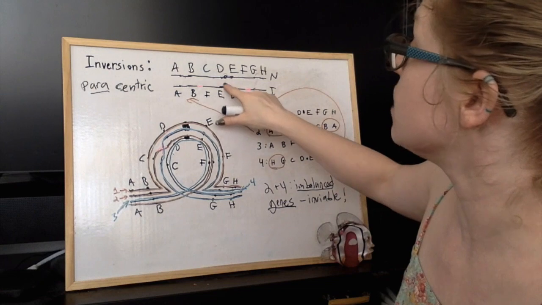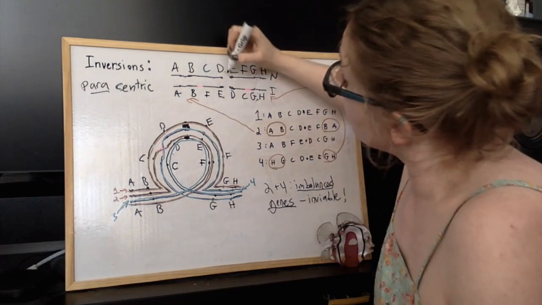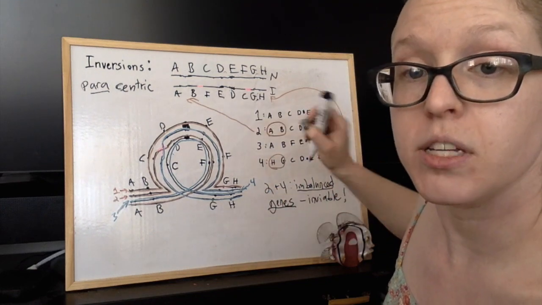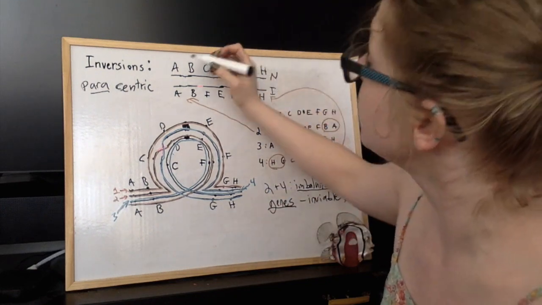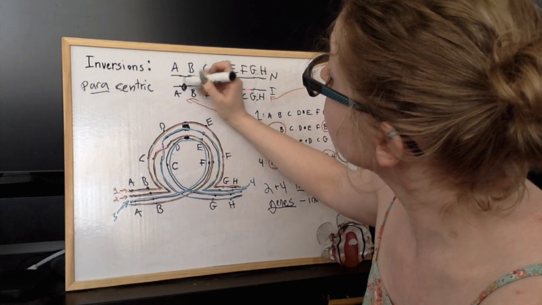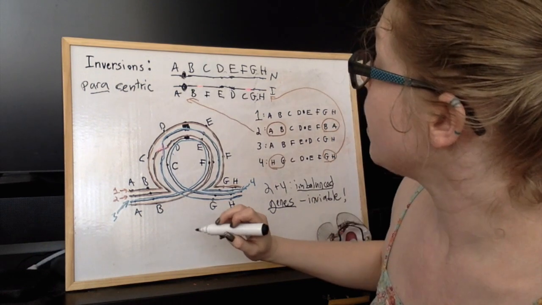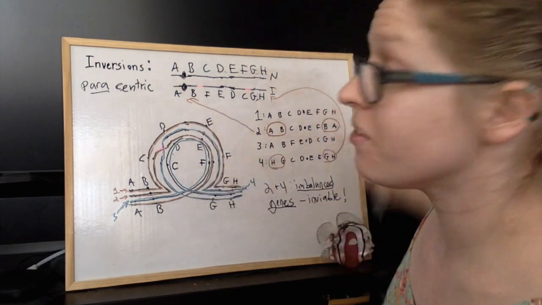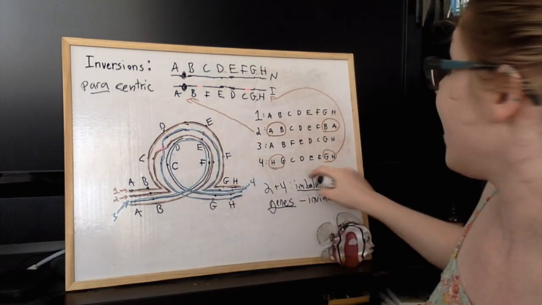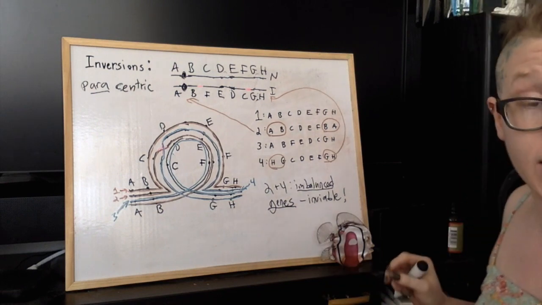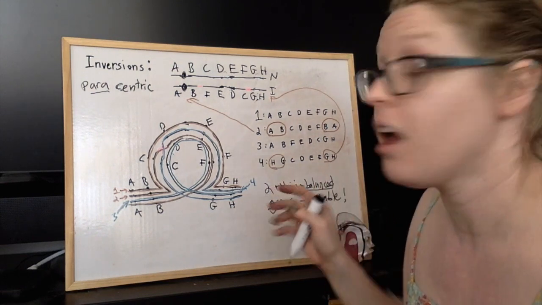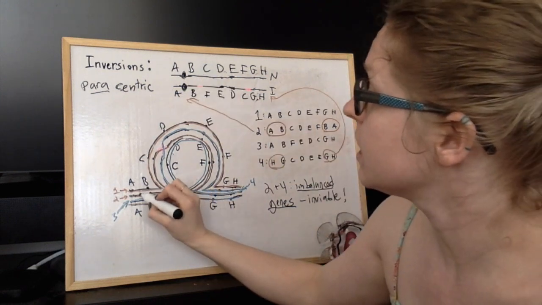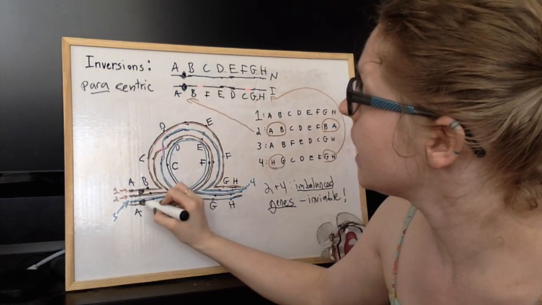In a paracentric inversion, the centromere is outside of the inversion, like between A and B. So all of these letters still apply. We haven't changed anything. All of this is still accurate, but now our centromere is in a different place. It's here.